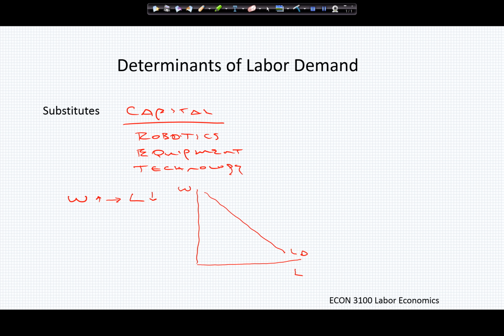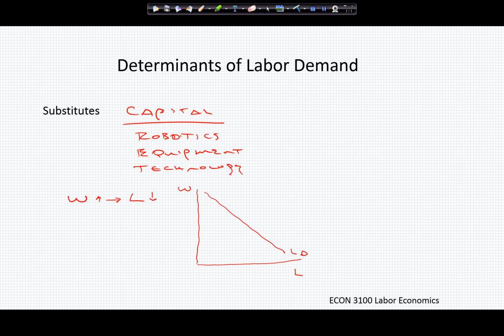Then we would expect, if the demand for the output good has remained constant and we have seen an increase in the cost of labor, that would cause a reduced level of labor demanded. We then would expect to have an increased demand for the substitute.